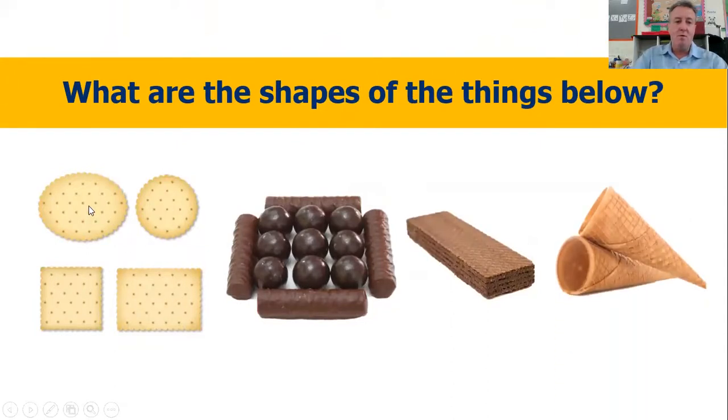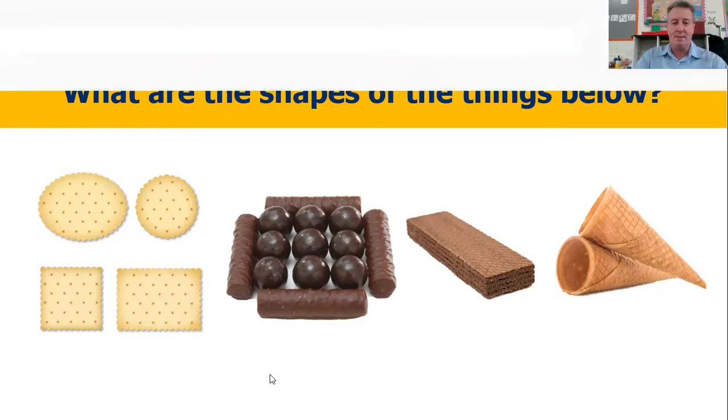They're oval, circle, square, and rectangle. And then we've got 3D shapes here: cylinders, spheres, a cuboid, and two cones. But today we're going to concentrate on our 2D shapes.